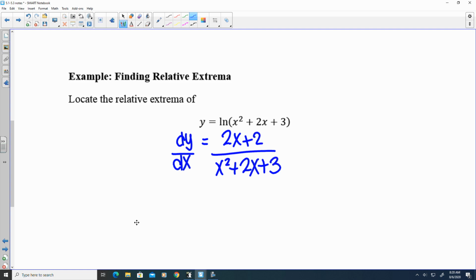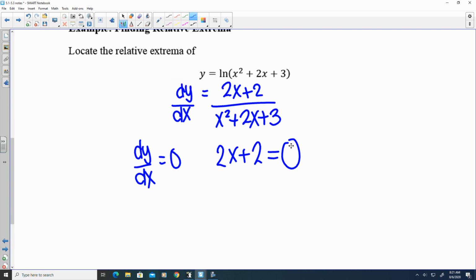Now, when I have a rational equation such as this, to find extrema, I want to know where the derivative is equal to 0. When it's rational, I'm going to set the top equal to 0 and solve it. That's going to give me my critical point. So it's going to give me -1 as my critical point.